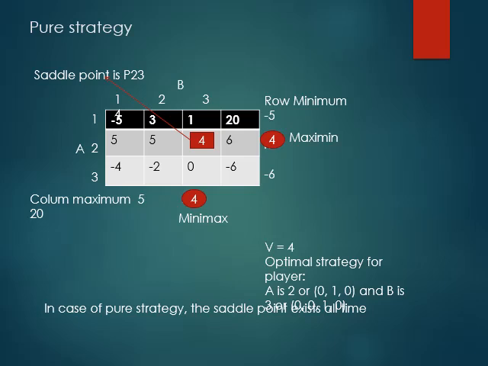That means player A has 3 strategies while player B has 4 strategies.